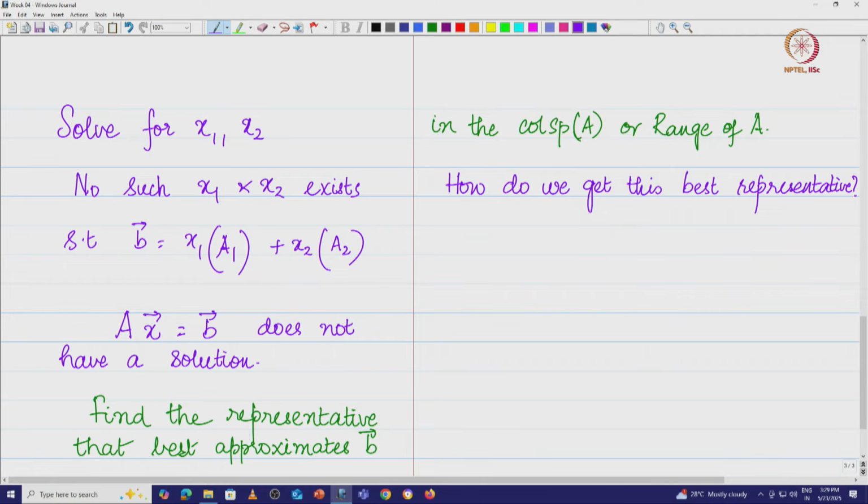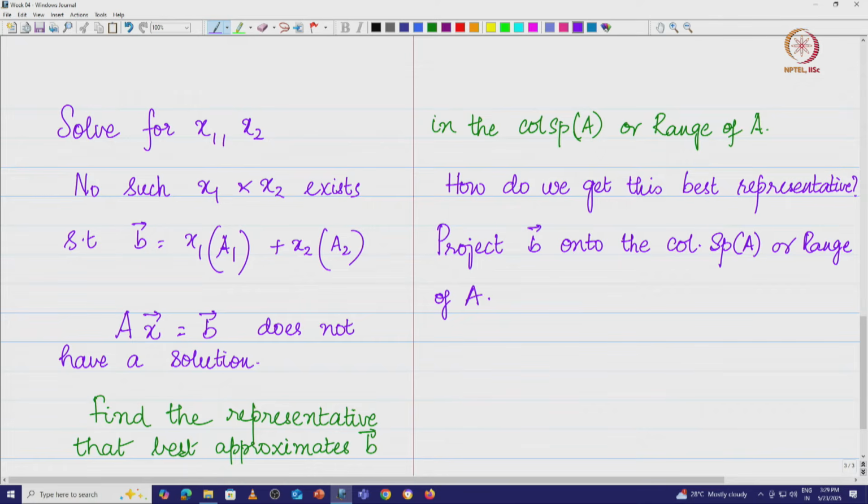The answer is known. Project B onto the column space of A, or the range of A.